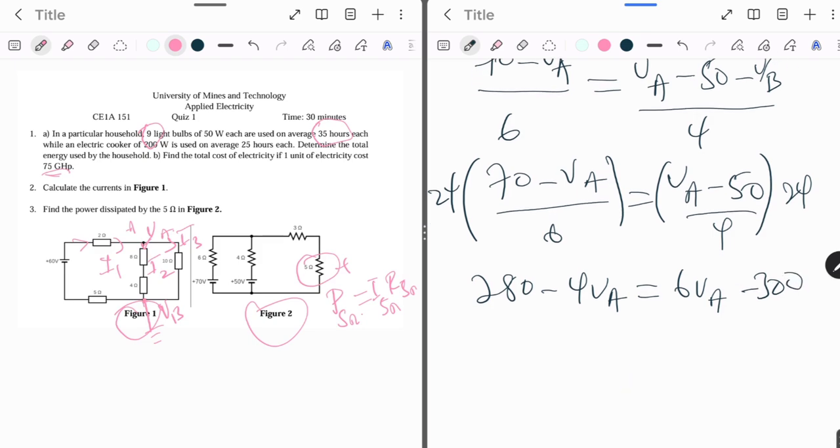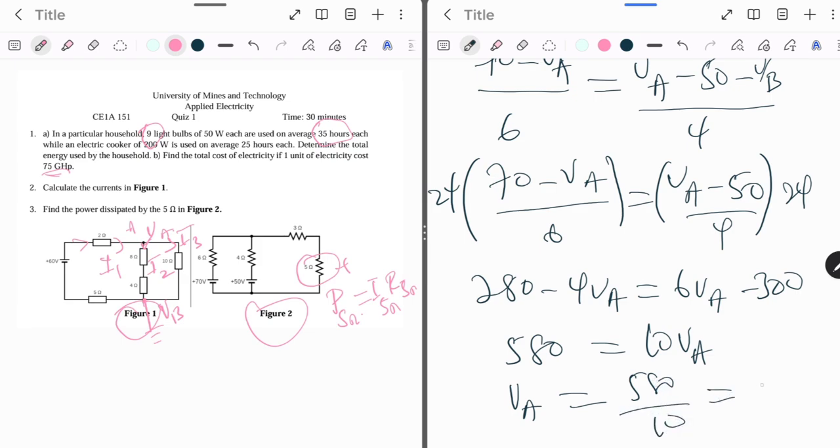Group like terms: we take this across, so you get 300 plus 280, which gives 580. Then we send this across, so we get 10 VA. So VA is equal to 580 over 10, which is 58 volts. So that is our VA.